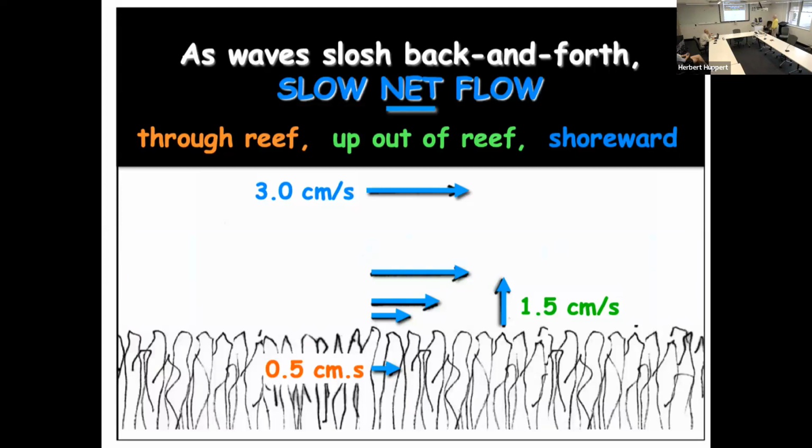A typical result is a horizontal component of order a centimetre a second within the reef, and a horizontal velocity that increases with depth outside the reef, but an important typical vertical velocity of about 1.5 centimeters per second.